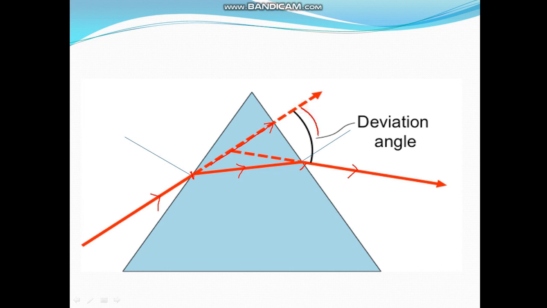So this angle is the angle of deviation, which, as I told you, is represented by del. And how do you define the angle of deviation? It is the angle between the incident ray and the emergent ray.